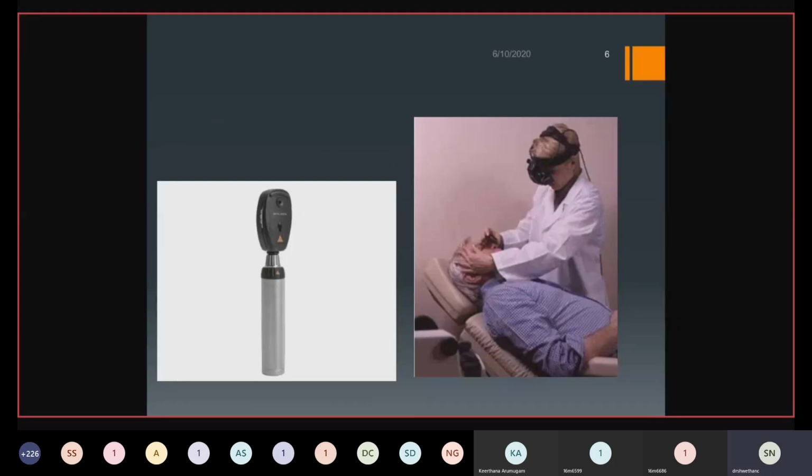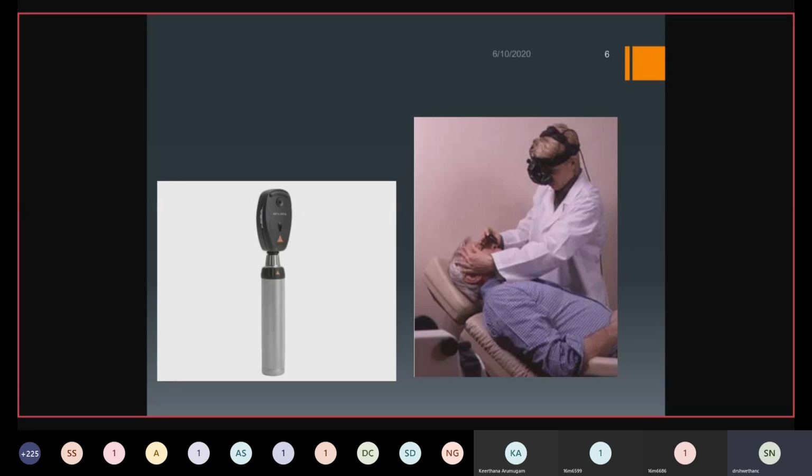In the picture on the left-hand side, this is direct ophthalmoscopy, and on the right-hand side, the instrument that the examiner is wearing is indirect ophthalmoscopy, and along with that, you will have to use something called a condensing lens that is placed in front of the patient's eye. So that is how indirect ophthalmoscopy is done. It is a head-mounted instrument, and we use a condensing lens.